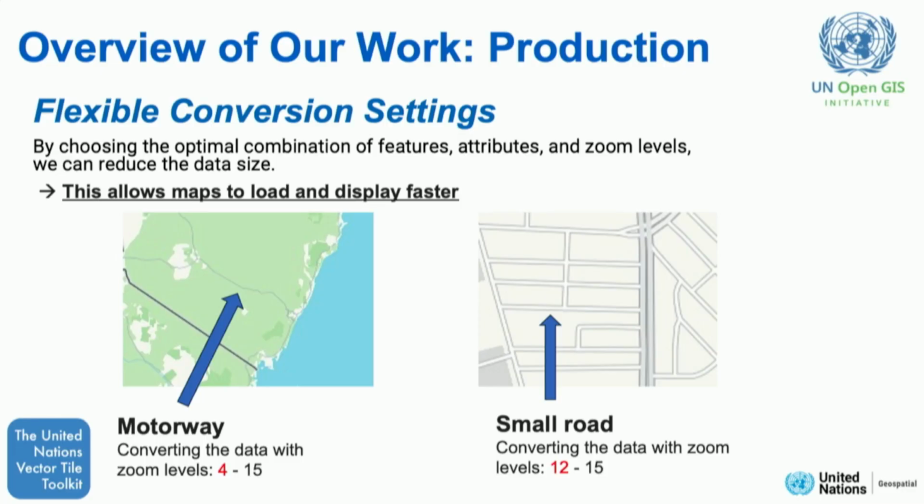On the other hand, we only need small road data at large scales because we don't need to display it at small scales. So we convert the data with zoom level 12 to 15 only. So this flexible conversion setting helps reduce the data size and also display the maps faster.